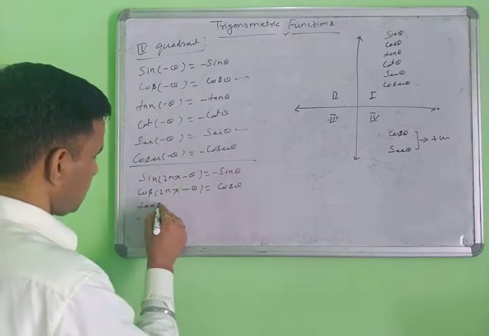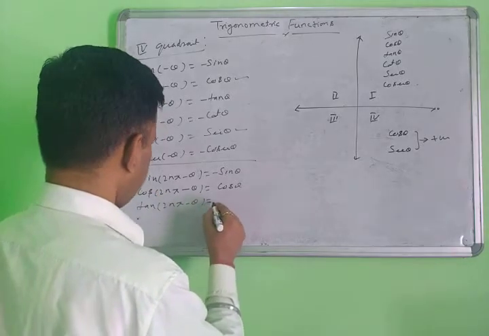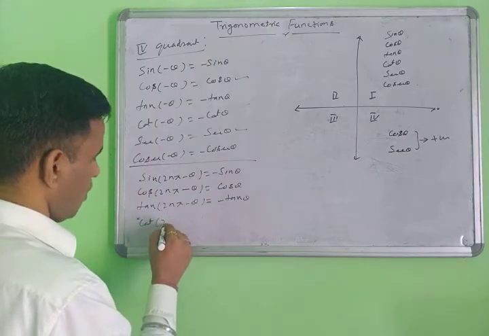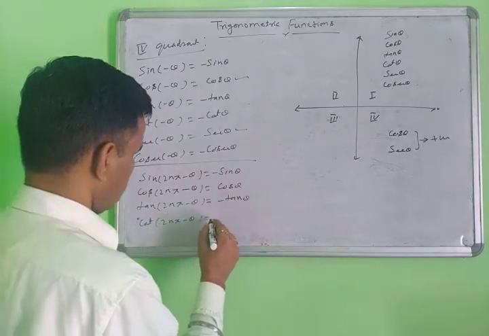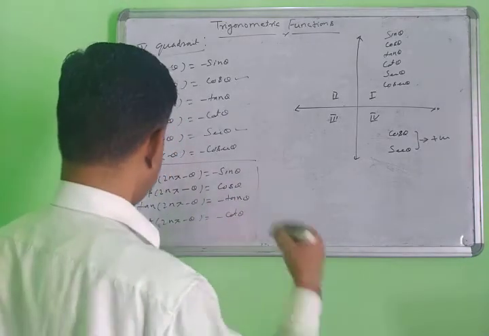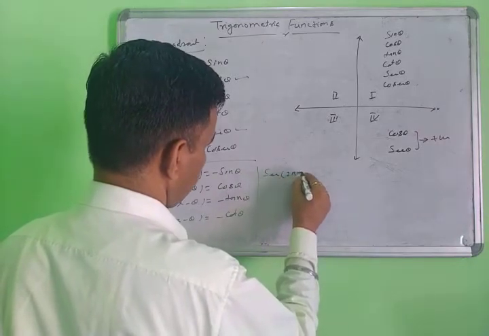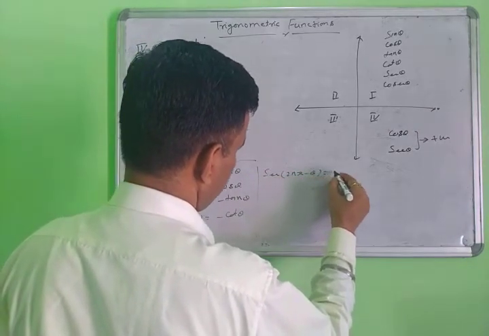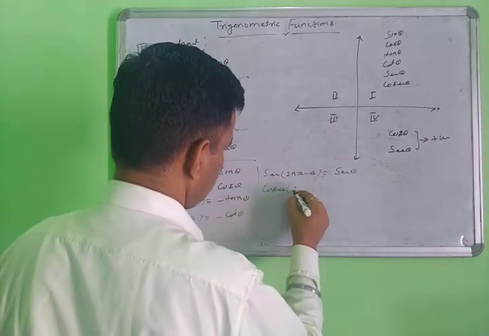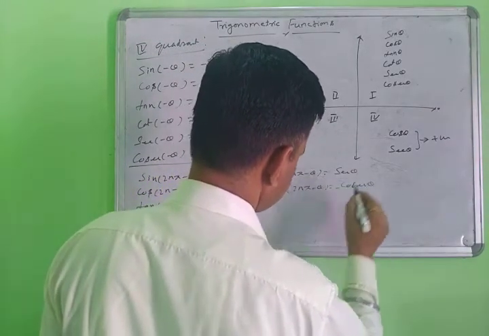Next, tan of 2n pi minus theta equal to minus tan theta, and cot of 2n pi minus theta equal to minus cot theta. Next, sec of 2n pi minus theta is sec theta, and cosec of 2n pi minus theta is minus cosec theta.